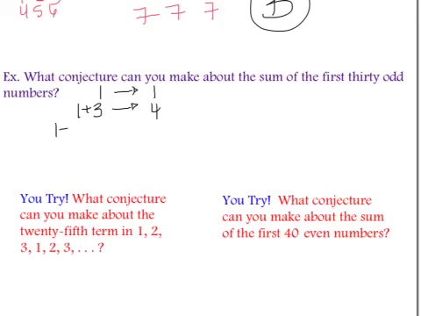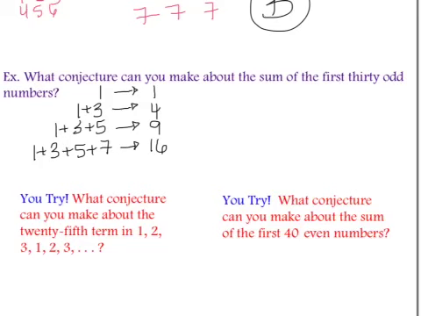Then we can say 1 plus 3 plus 5, the next odd number, and we get 9. And you might see the pattern already. I have an idea, but just to make sure, I'm going to add the next odd number. So 1 plus 3 plus 5 plus 7, and I get 16. So hopefully you see this pattern.